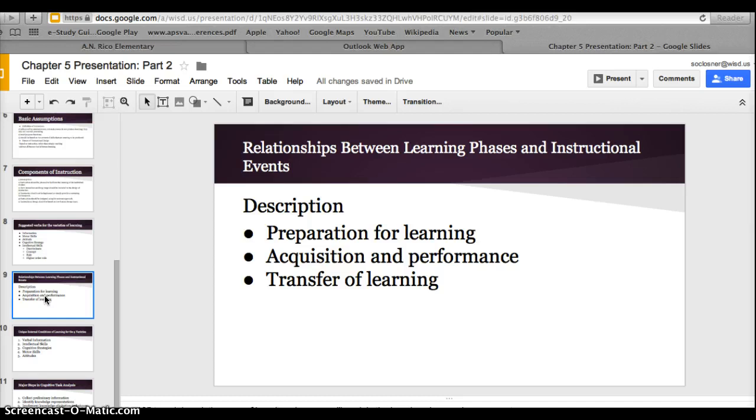Acquisition and performance are the core events of instruction and are presenting stimulus material, provide learner guidance, elicit performance, and provide feedback. Transfer of learning is the final phase of instruction, and it provides for assessment performance of new learning and enhances retention and the transfer processes.